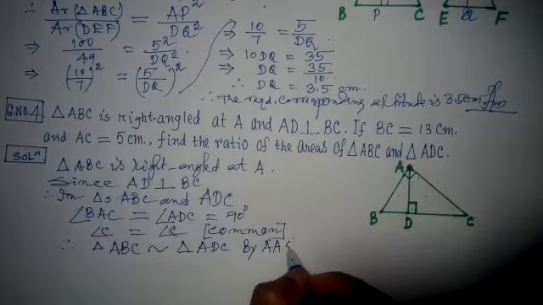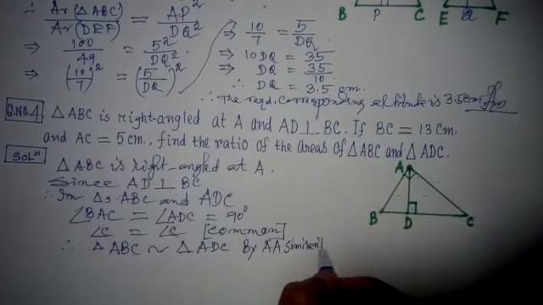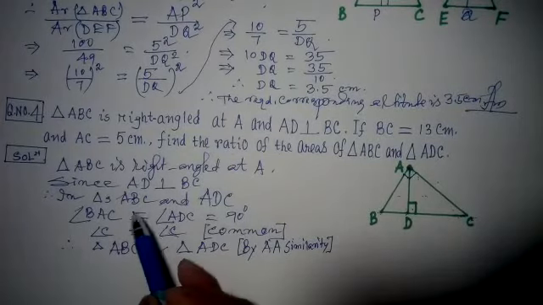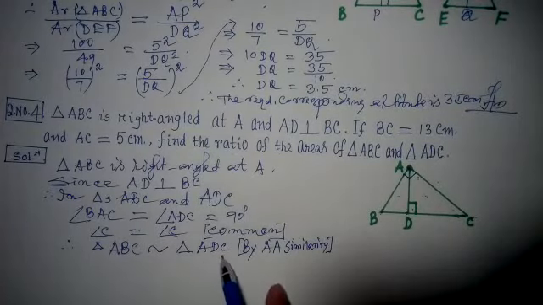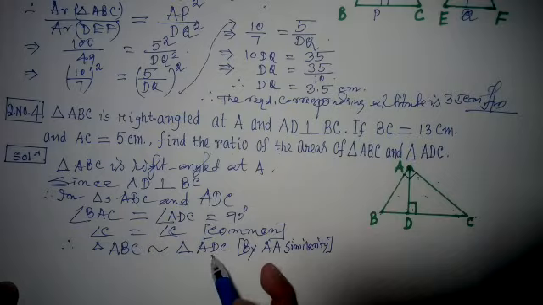If triangles ABC and ADC are similar, then the ratio of their areas is equal to the square of the ratio of their corresponding sides.